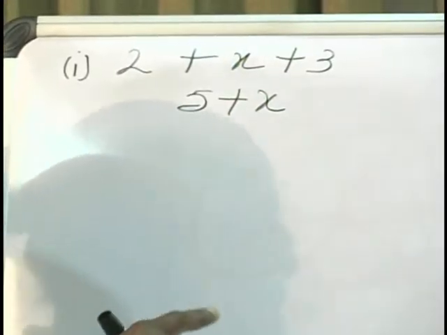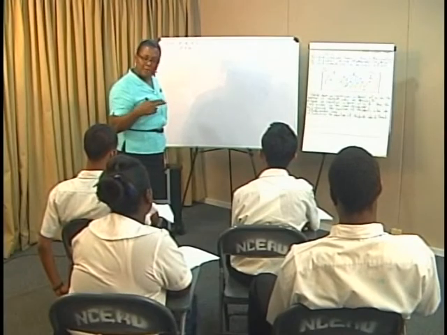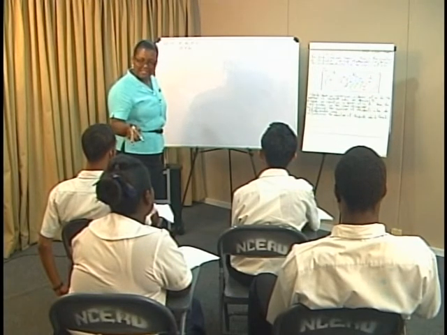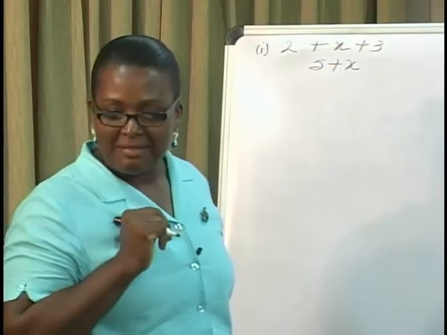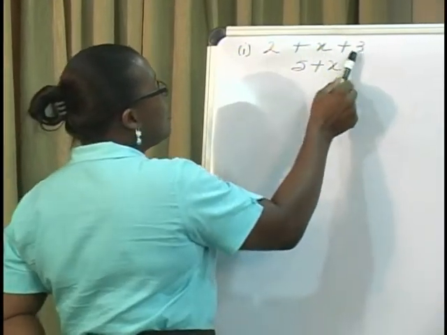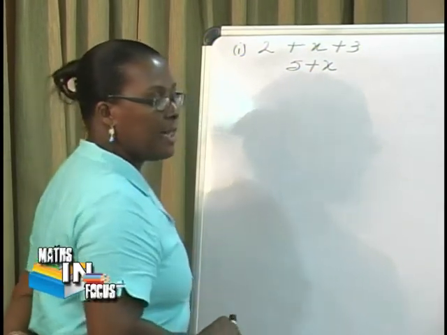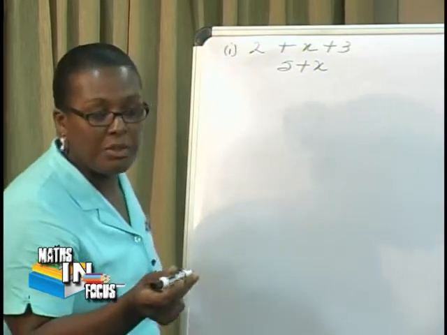It cannot be 5x because we cannot add if it's not similar. Like we cannot add an apple to a bat. Good? We add apples or we add bats. So we add the constants, 2 and 3, 5, and the x comes back. And that is our expression. Here we have our x term. Finish. There's nothing else we can do there.